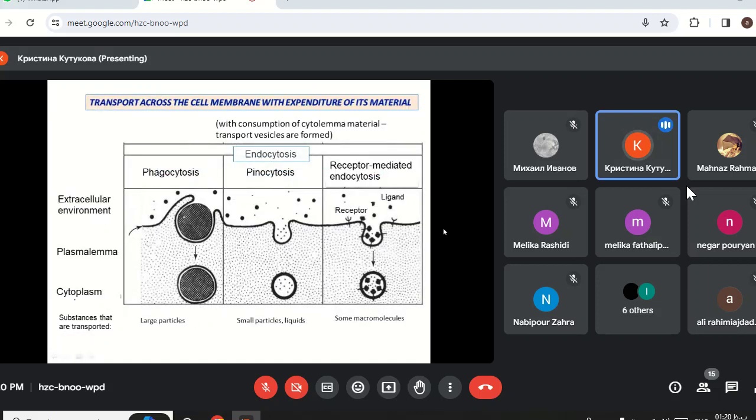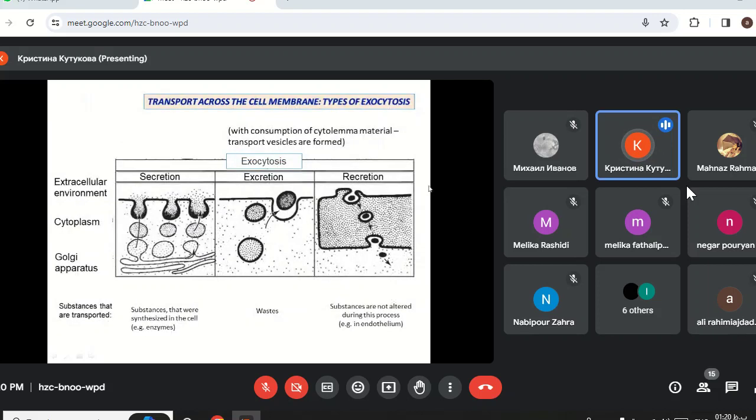Next, here you can see the types of the transport of some molecules with the consumption of cytolemma material, and during this the vesicles are formed, like you see here. And in this table you can see three types of endocytosis, and on the next slide, exocytosis.